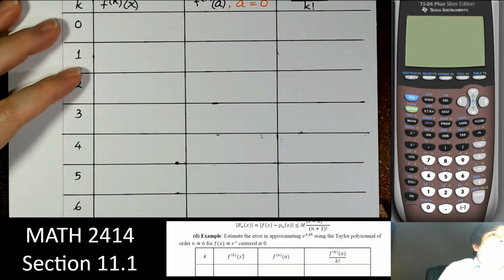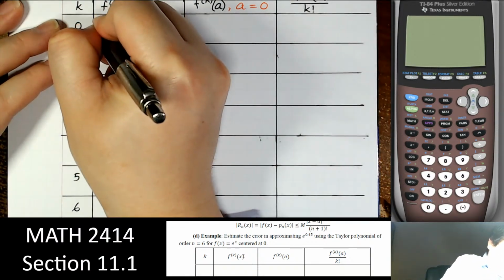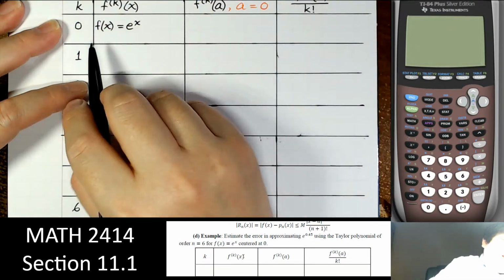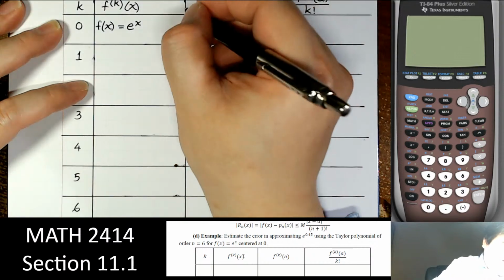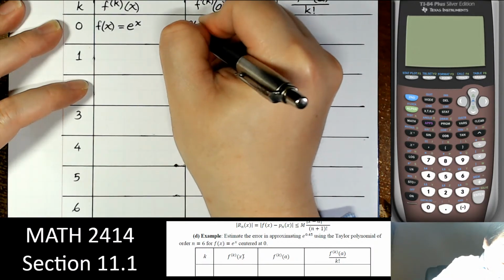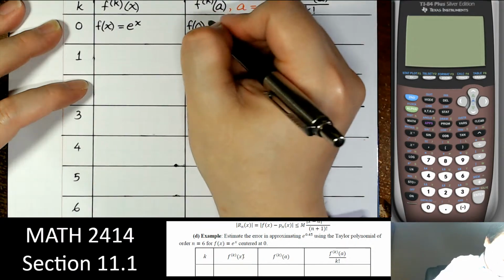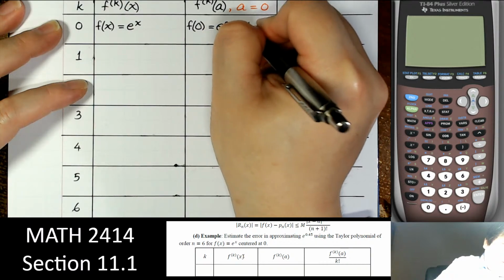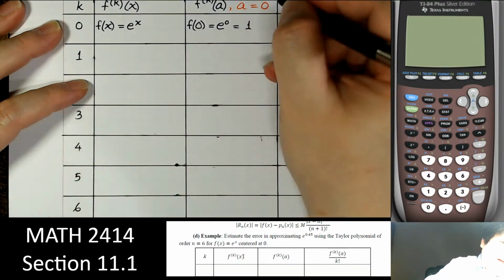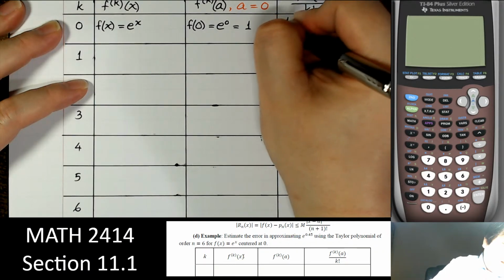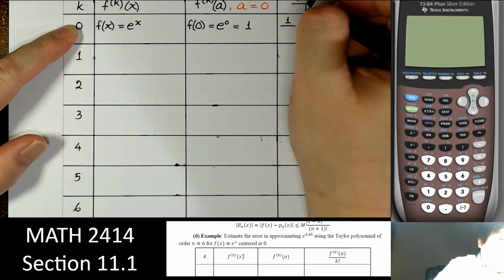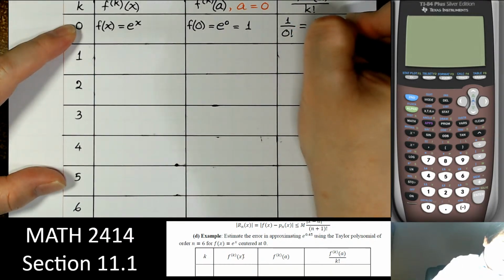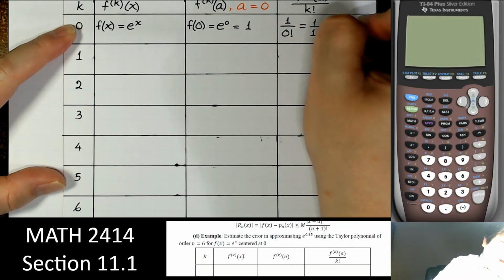So first we'll have the function is e to the x, and then we evaluate at this point. And that is 1. And then next we will take that and divide by the factorial of that number. 0 factorial is 1, and we have 1.